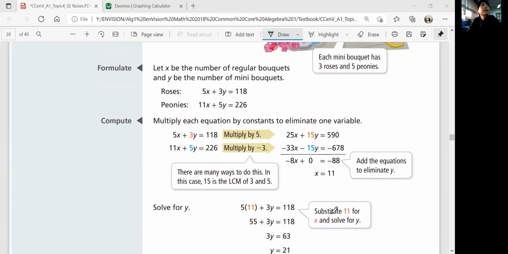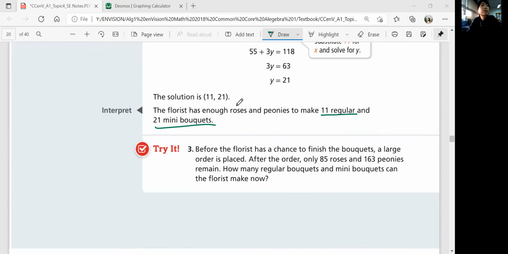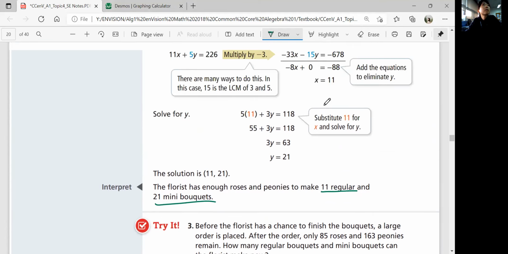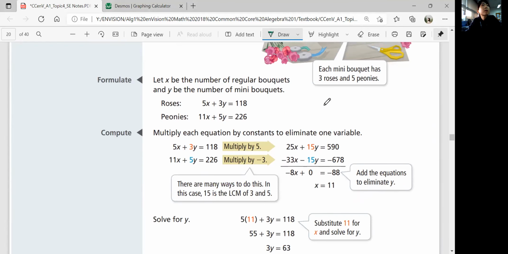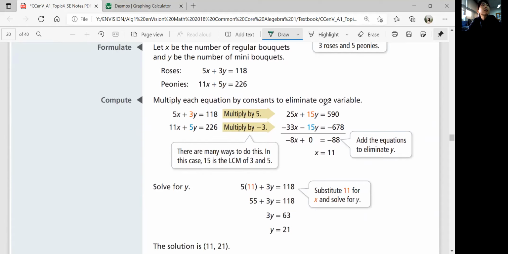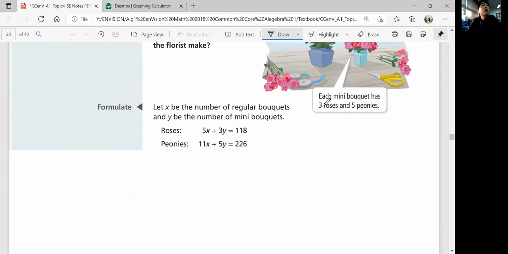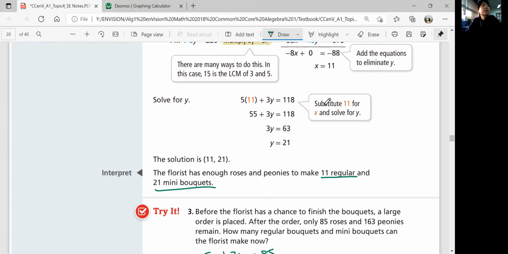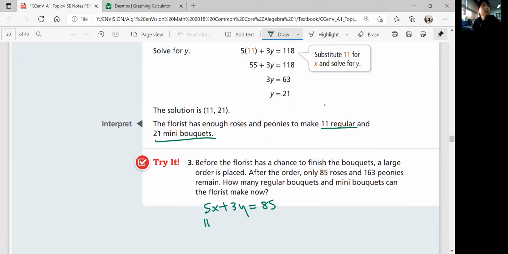So we're going to copy down the roses equation and peonies equation. 5x plus 3y is equal to 85 roses. And then 11x plus 5y is equal to 163 peonies.